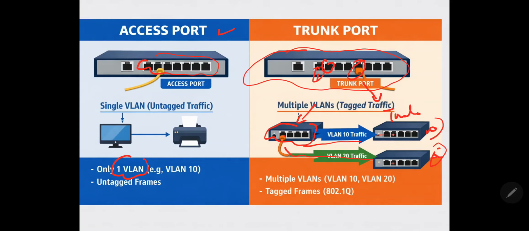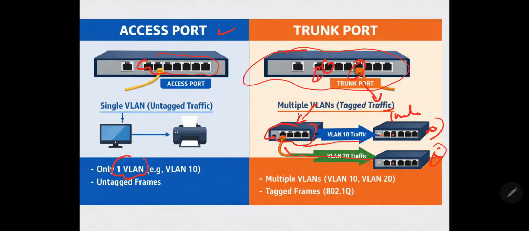Each employee's PC, printer, or IP phone is connected to an access port on the switch. An employee PC is plugged into access port VLAN 10. A finance PC is plugged into access port VLAN 20.